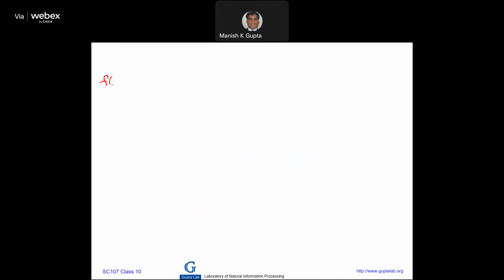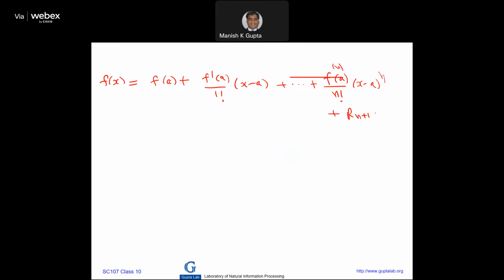So we have f of x is equal to f of a plus f dash of a divided by factorial 1 times x minus a plus dot dot, x minus a whole to the power n, plus whatever is left after this.